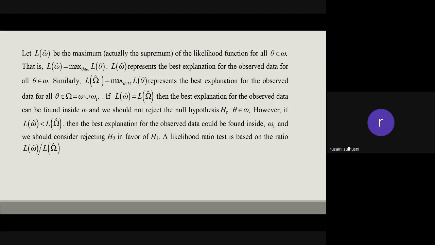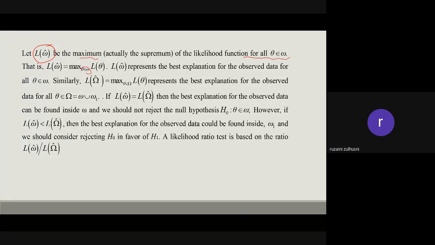PDF of x1, x2, xn, the same approach. Okay, but now we will have a maximum. This is the notation L small omega hat. Okay, L small omega hat is the maximum value of the likelihood function for all theta belonging to small omega. So that is your L omega hat, the maximum over theta belonging to small omega, which is your H0 from before.